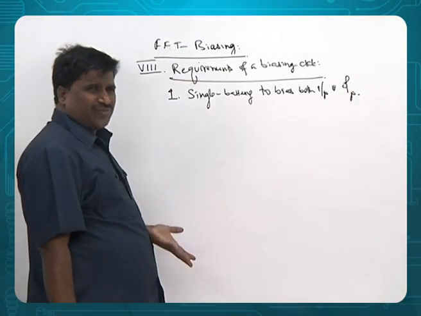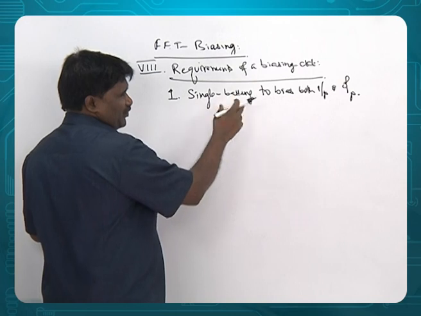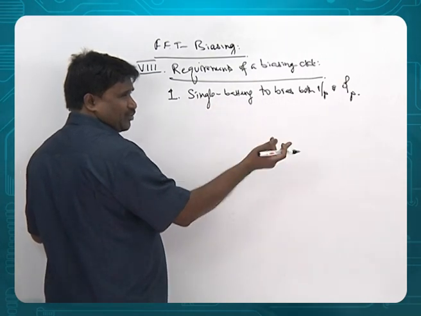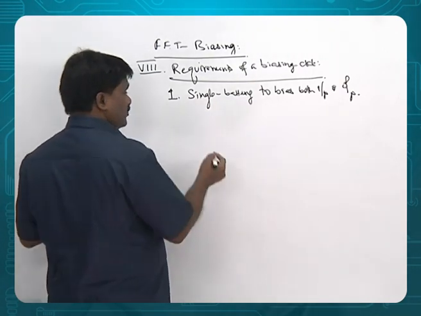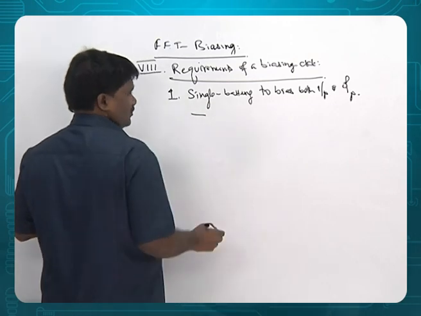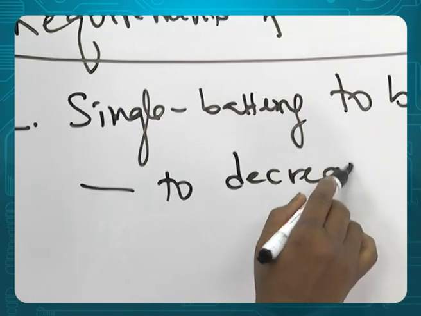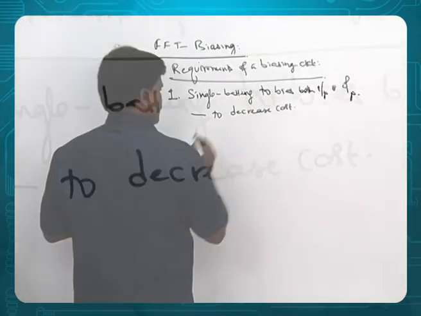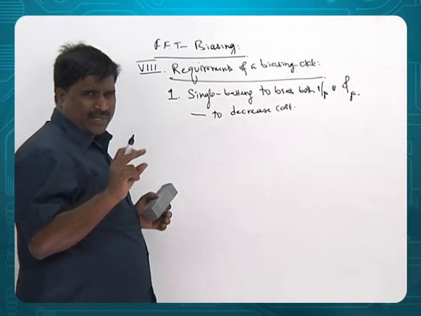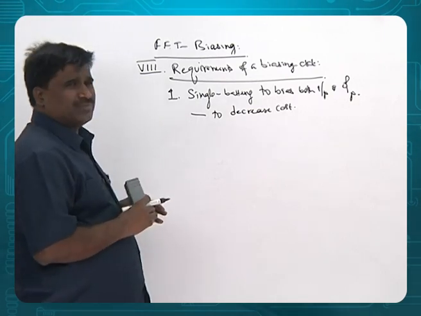Why single battery for both? Because if we use one for input and one for output, it will become bad. So we have to go for single, that is to decrease cost. If you use one battery for both, that is very cheap.